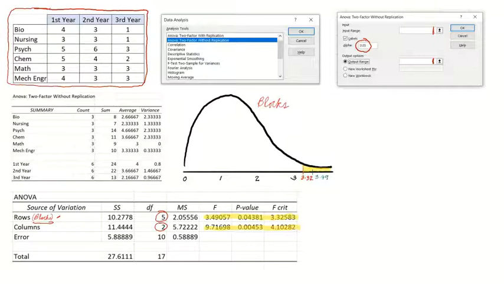Okay, so we can already say here in this particular result that we will be rejecting our null hypothesis.